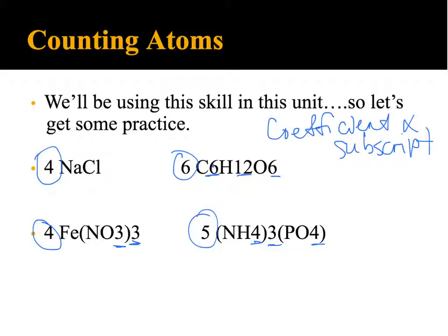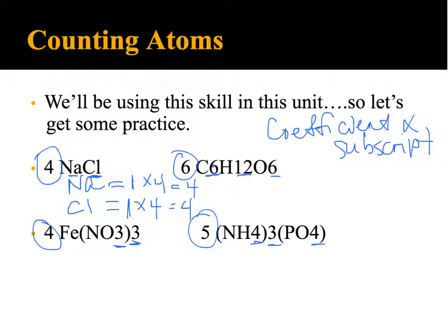For example, we're actually going to have to start breaking compounds down into the elements or ions that make them up. So I write down what are the two elements that are in this compound. I look at the subscript and I multiply it by the coefficient.